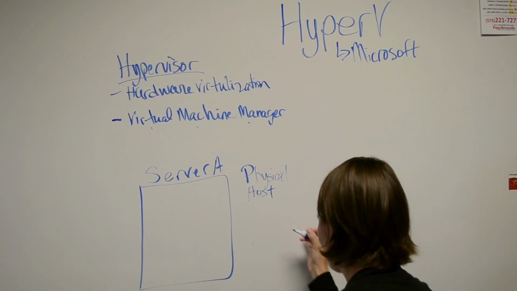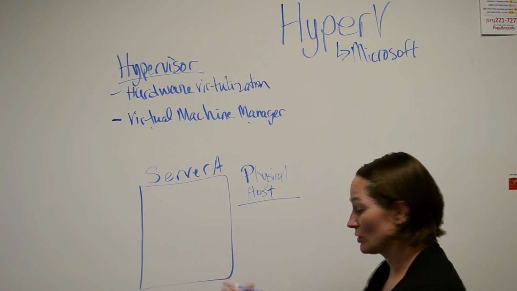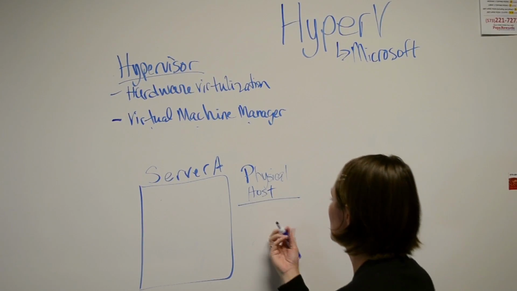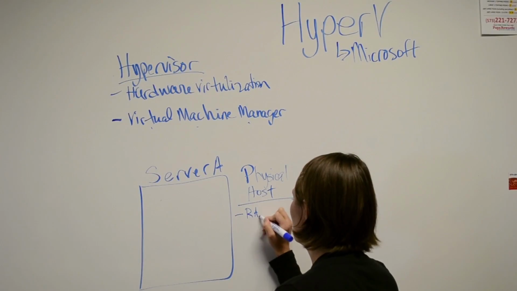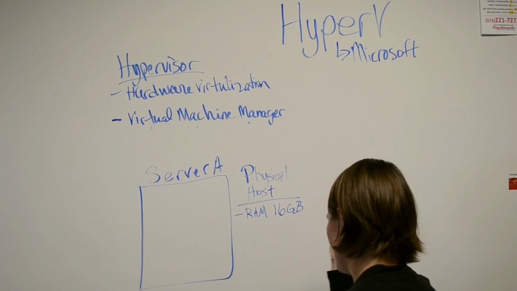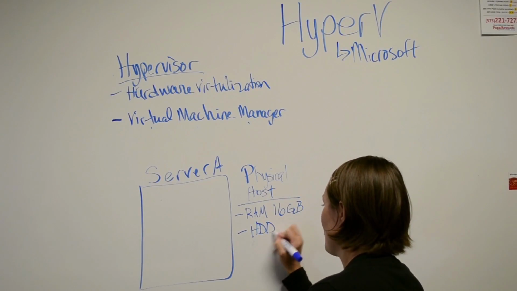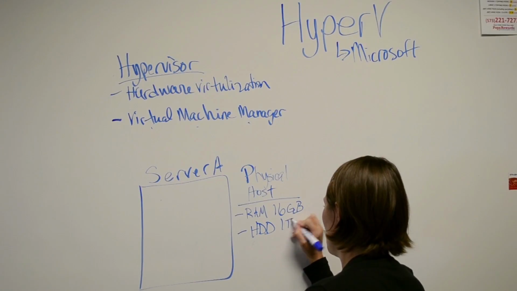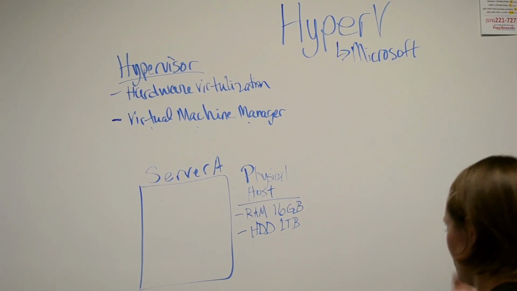And so your host machine has your physical hardware components. So it's going to have RAM, and let's say it's got 16 gigabytes of RAM. And it's also going to have, say, a hard drive, and it's got a 1 terabyte hard drive on it. I'll put some numbers with it so it makes a little sense here in a little bit.